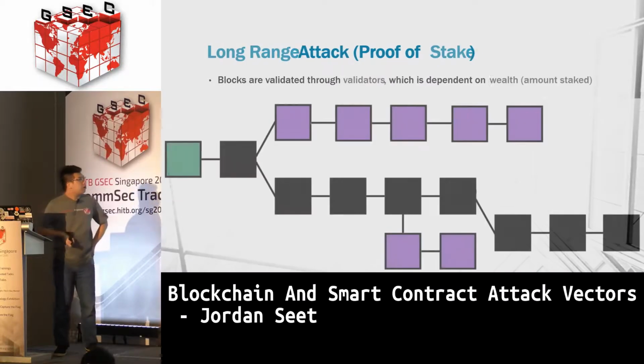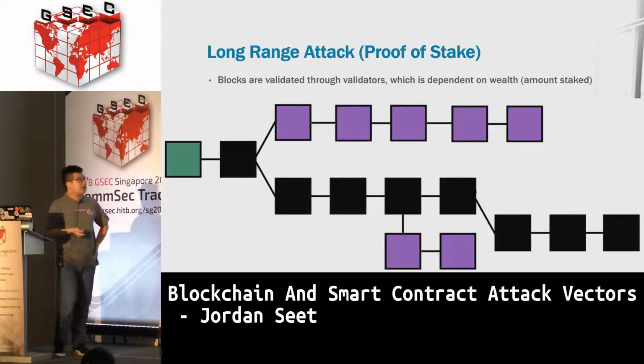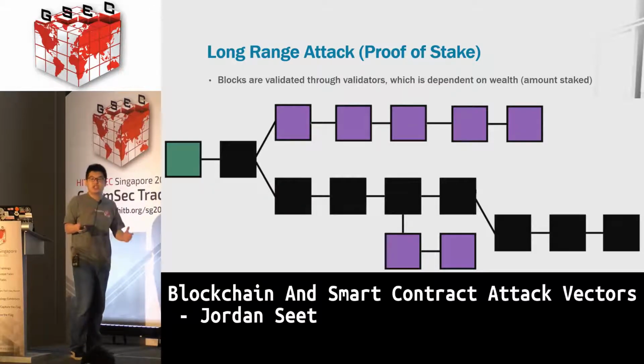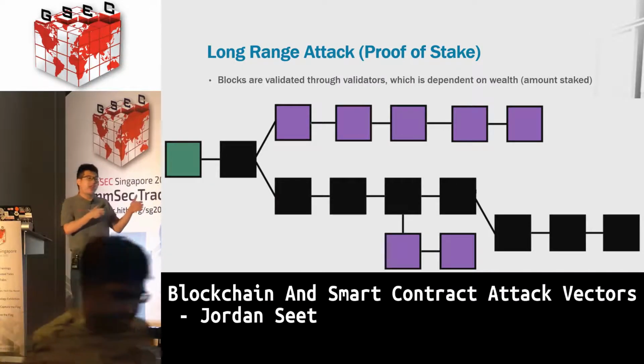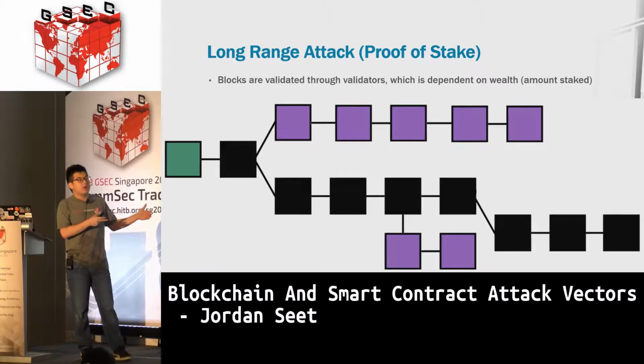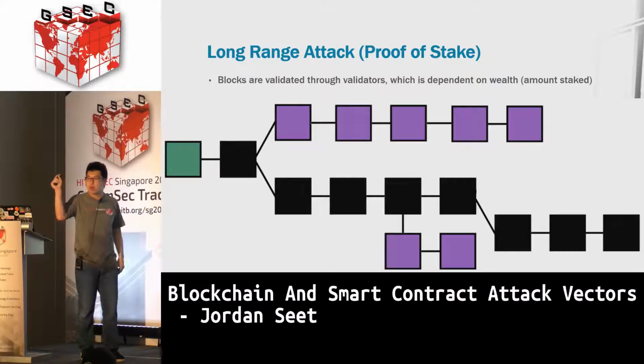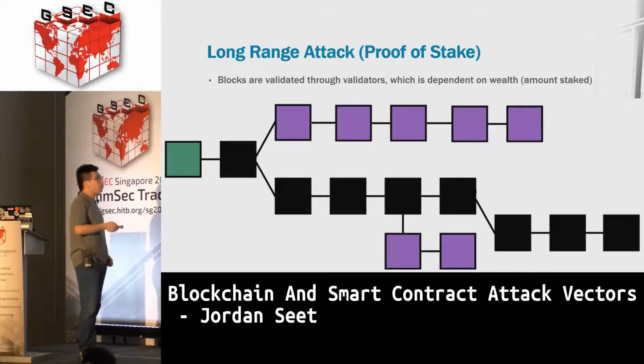Other attacks, like the long-range attack in proof of stake for Ethereum, basically do the same thing, but instead of hashing. The thing about hashing is that it takes extremely long. In Bitcoin, I think it takes 10 minutes to crack one block, for example.